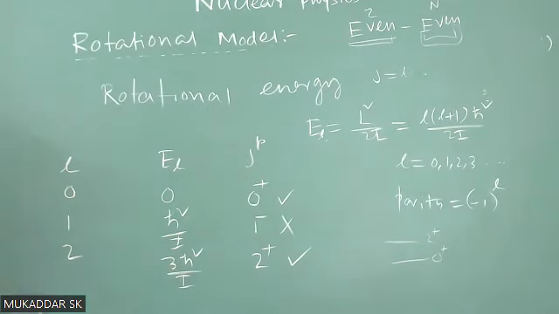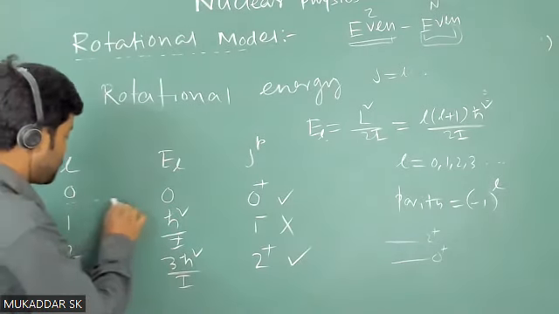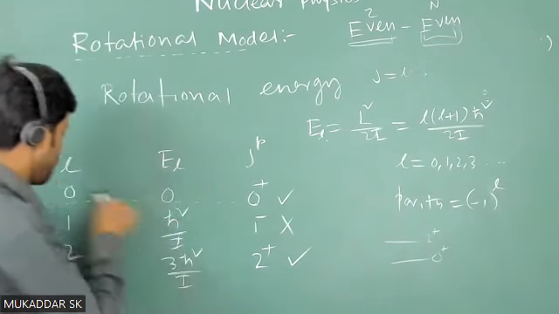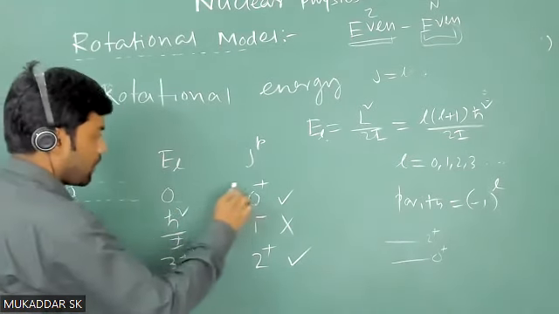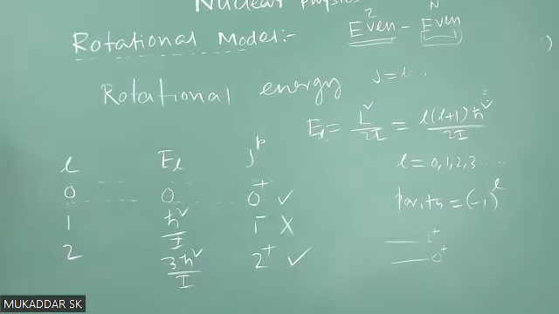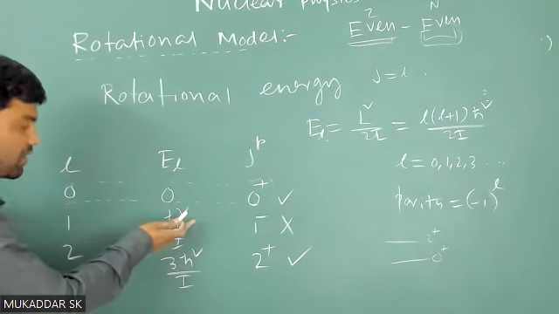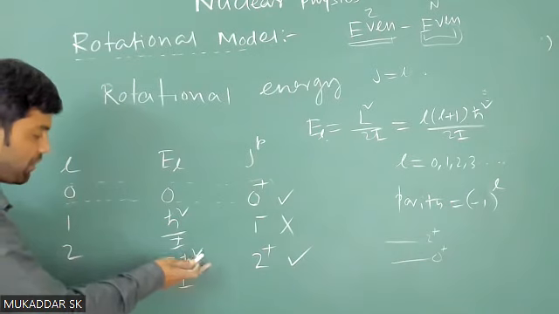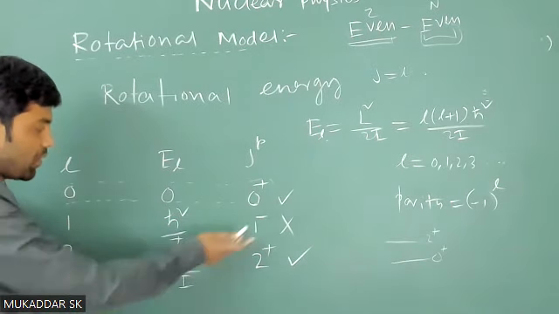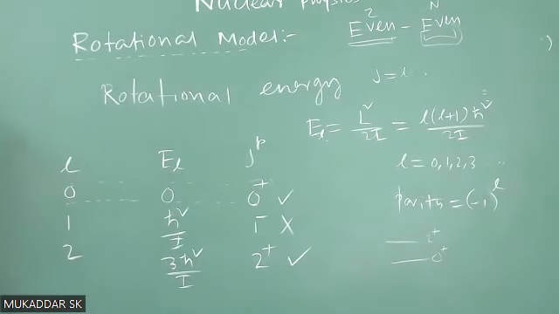Okay, so this is the ground state set: L, energy, and spin parity. Next, L is not possible, so I cannot take that first excited energy this much. Rather, I have to take first excited energy this much because it is violating this. So keep in mind that ground state energy is this much, first excited is this much.